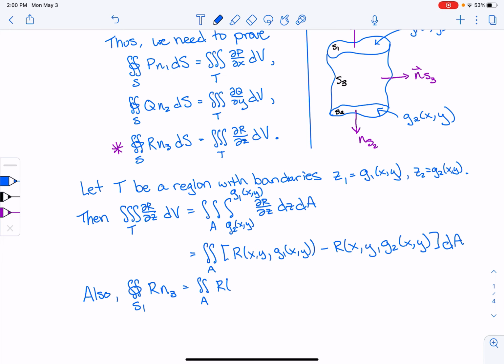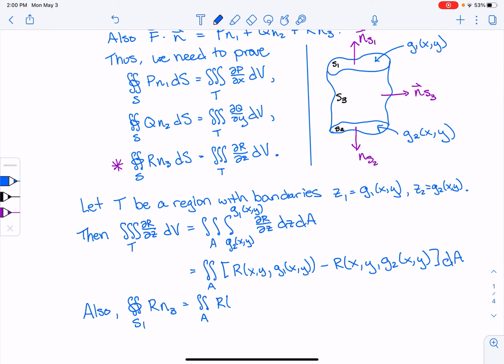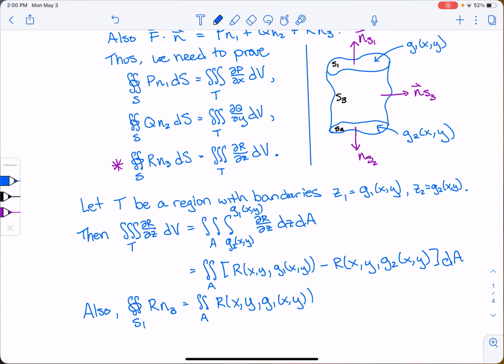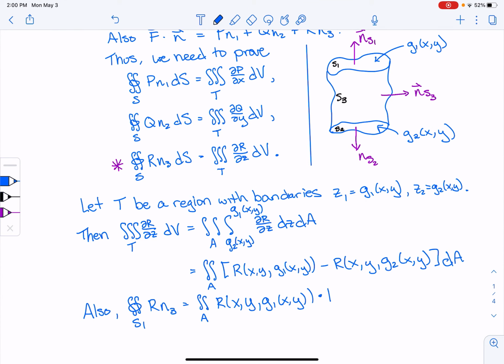So if I'm on the surface S1, that's going to be R of x, y, g1 of xy. And then the third component of n is just going to be 1 because that unit vector is pointing up, dA. So this is since n3 is equal to 1, for S1.